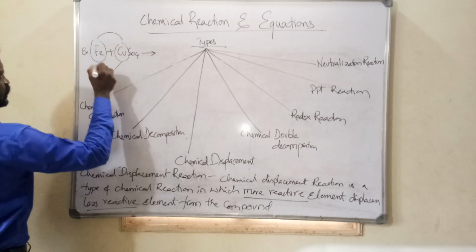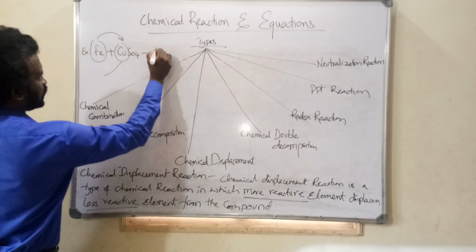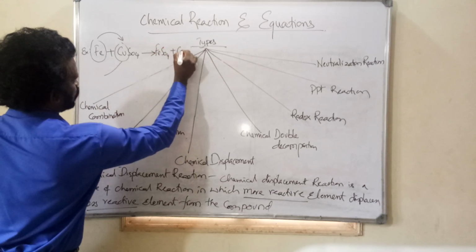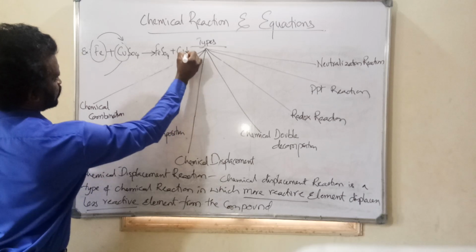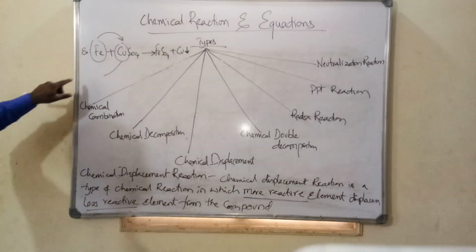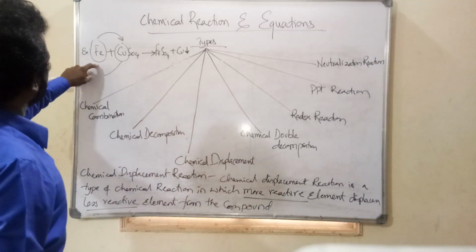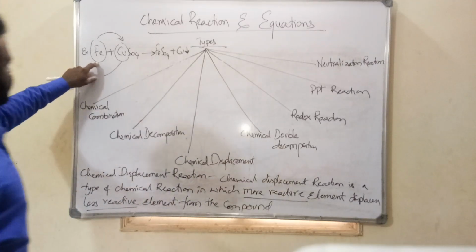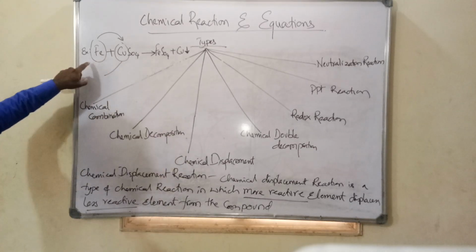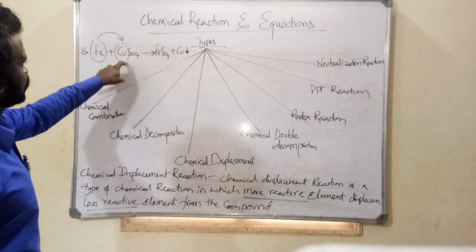So copper will come out, and iron will go in. That means ferrous sulfate plus copper. Iron is more reactive than copper, so iron replaces copper from the compound.